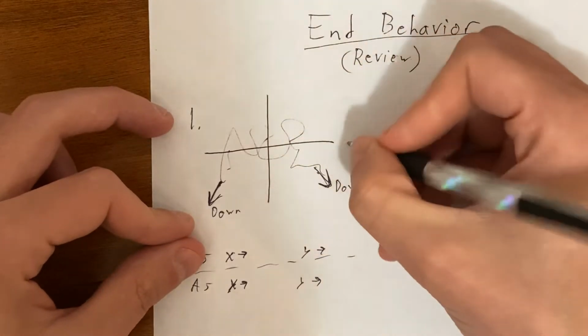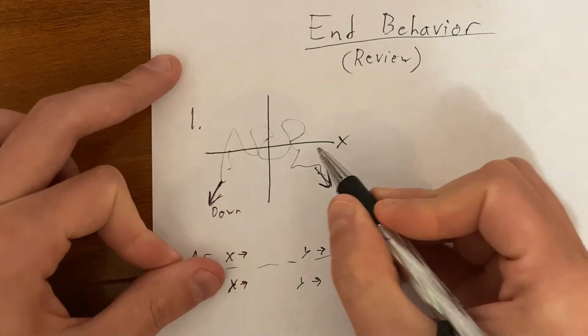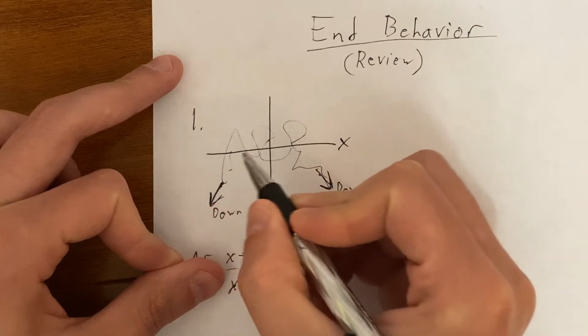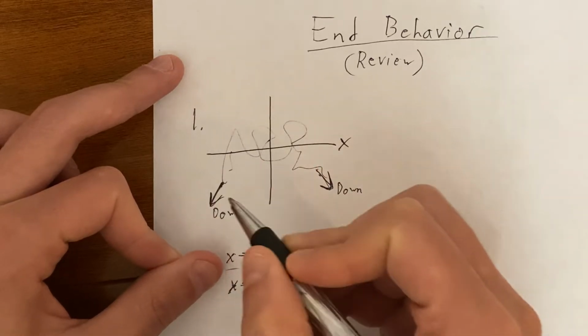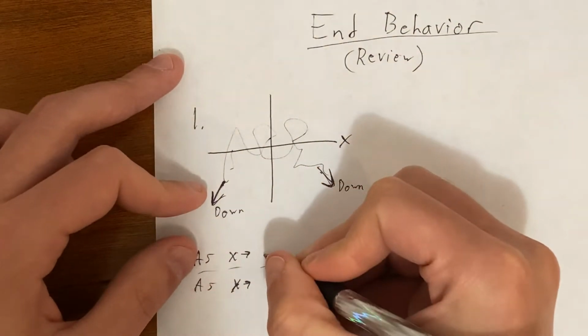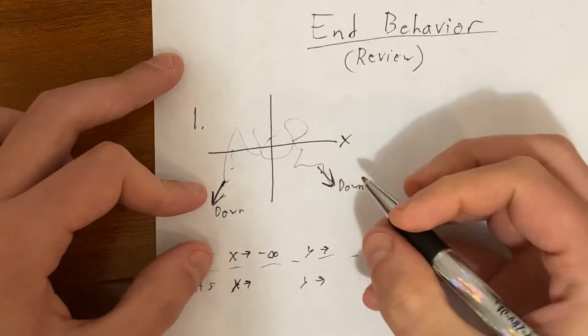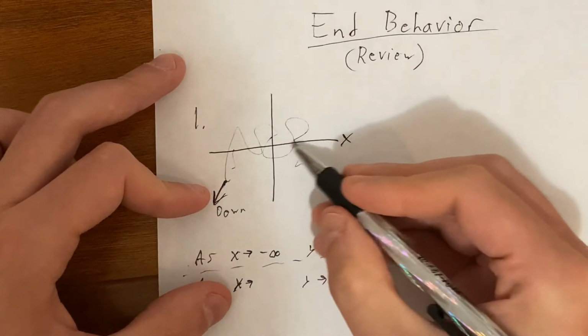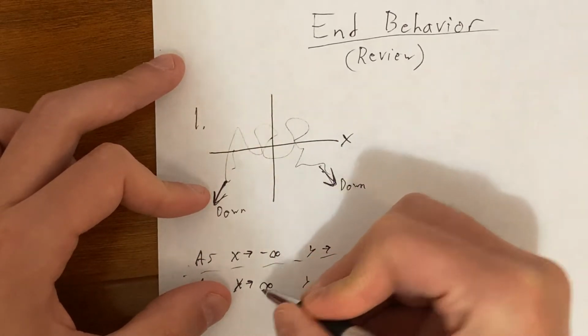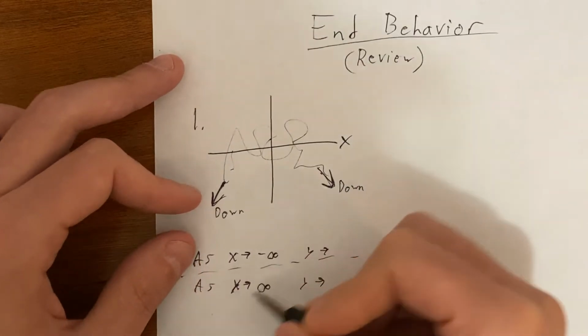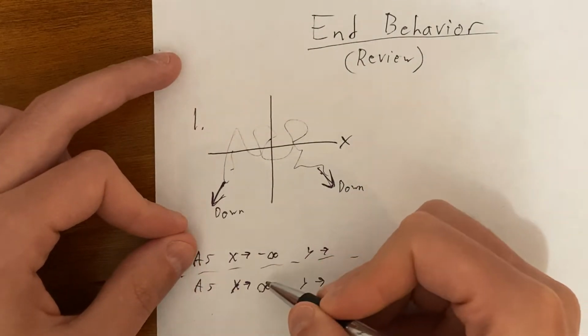And on the x-axis, when you go left on the x-axis, you are going to negative infinity. So on the left side, this is considered negative infinity, and on the right side, this is going towards positive infinity. So this is just the fancy way of saying left and right.